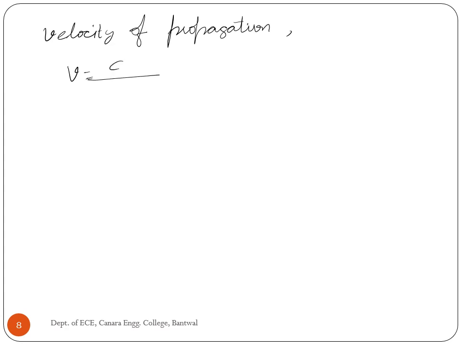The velocity of propagation is equal to c divided by root of effective dielectric constant of the microstrip line, which is equal to 3 into 10 to the power 8 divided by root of effective dielectric constant of the microstrip line in meters per second.